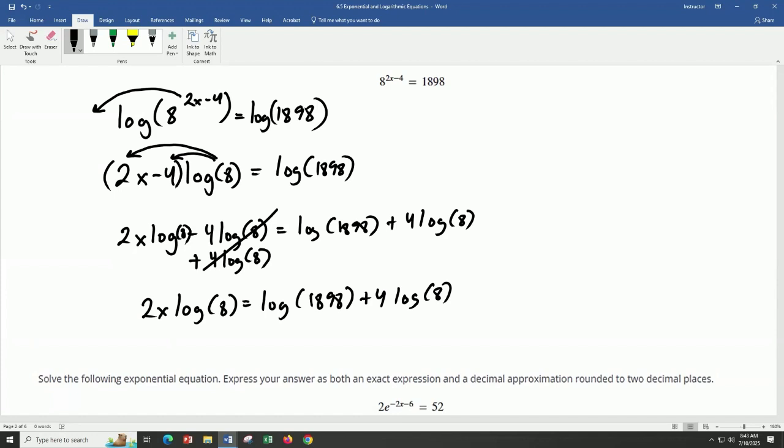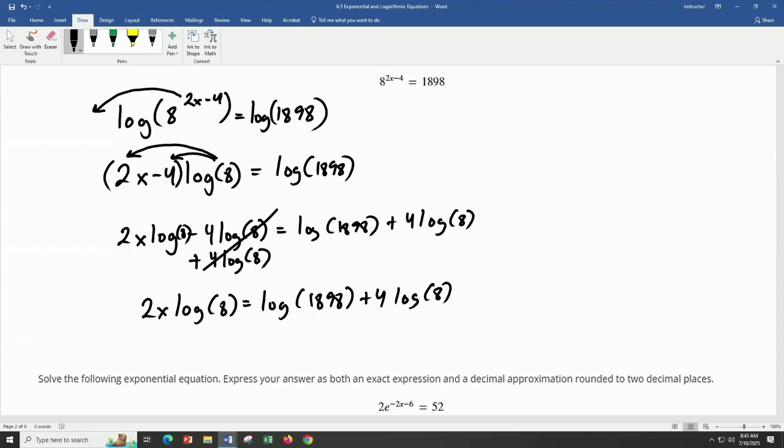Looking at it very carefully, how would I get rid of that other part? I've got to get x by itself. How could I do that? Divide by what? You're right. What else? You're on the right track. You're using algebra. I've got to get x by itself. 2 log 8. Very good. Divide off the 2 log 8.